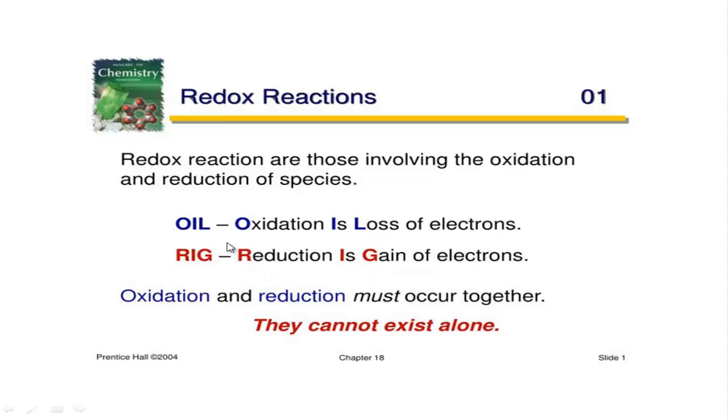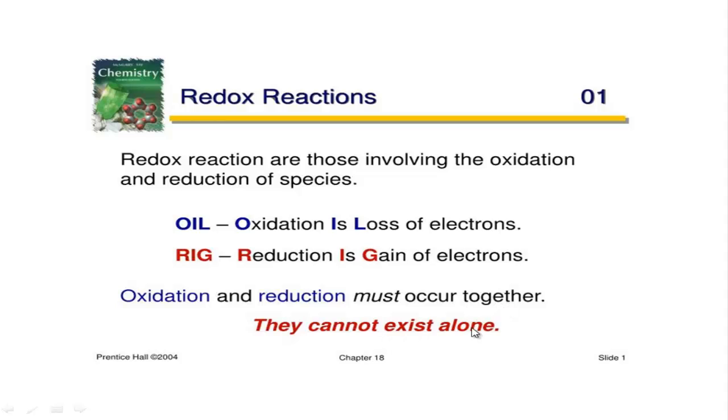The combination of these two half reactions is actually a redox reaction. So how can we define redox reactions? Redox reactions are those reactions which involve oxidation and reduction reactions, and oxidation and reduction always occur together or simultaneously.